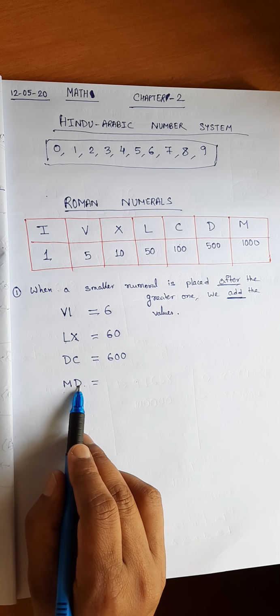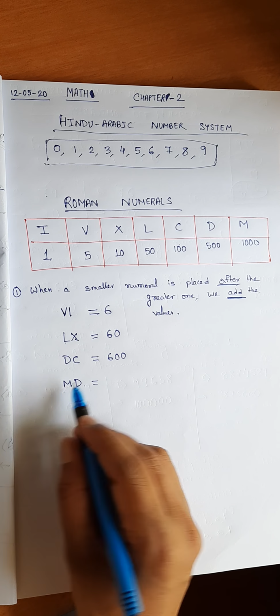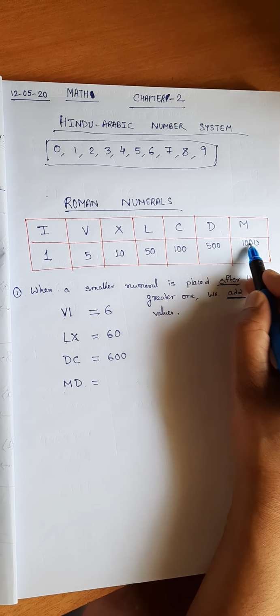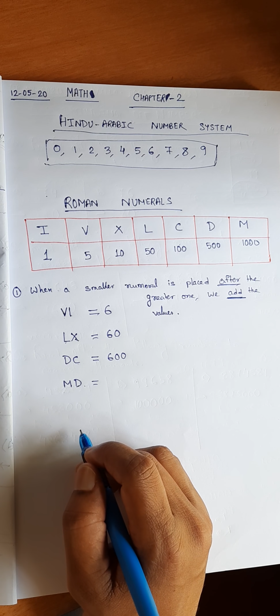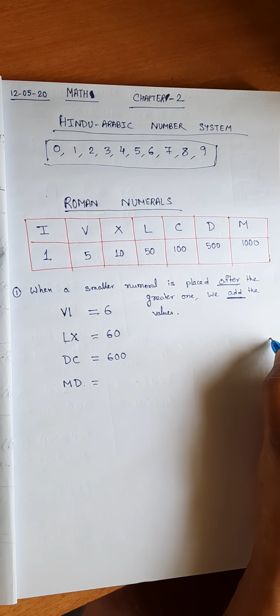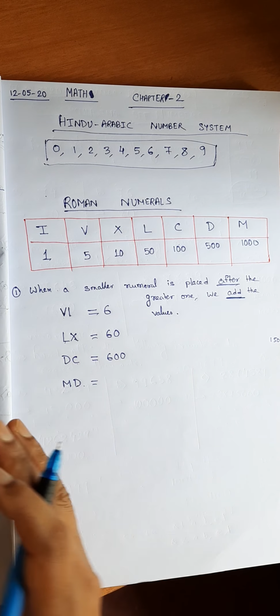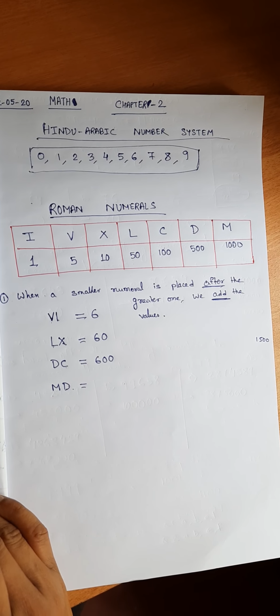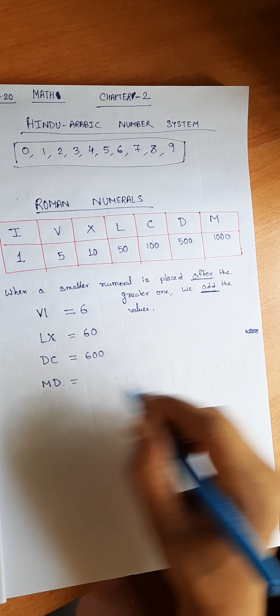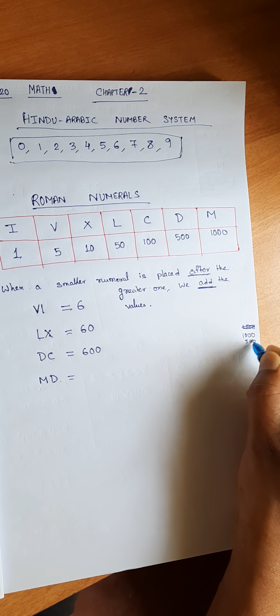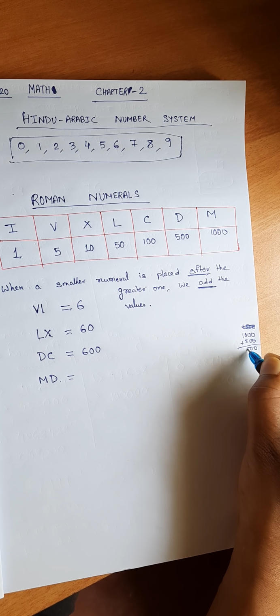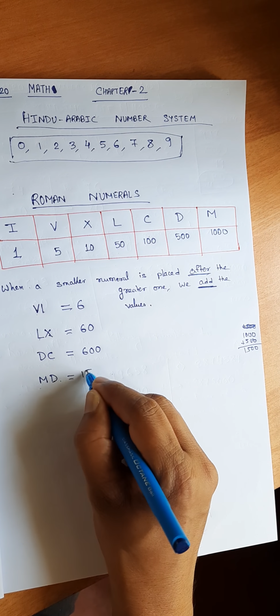After the bigger, smaller is placed. So what we do out here, we will add the values. So M is 1000 and D is 500. So 1000 plus 500 is 1500. If you don't know, you can add it in the rough.